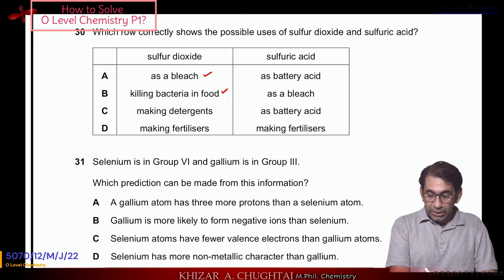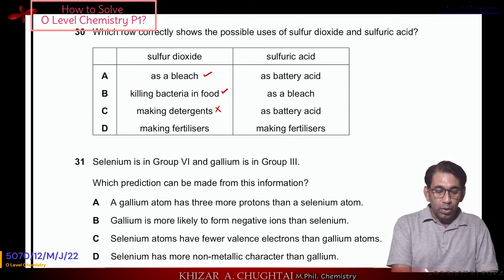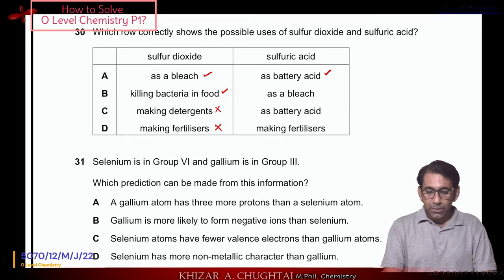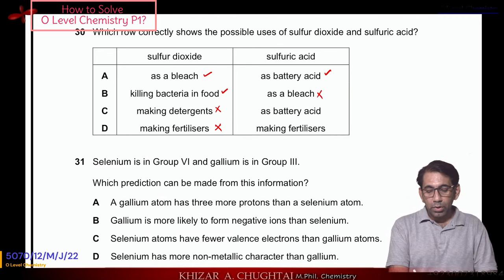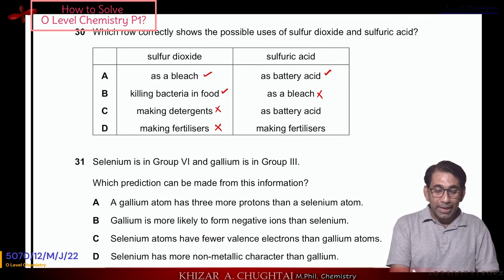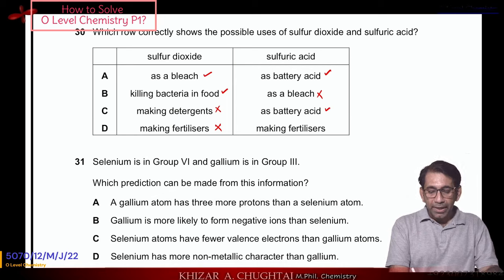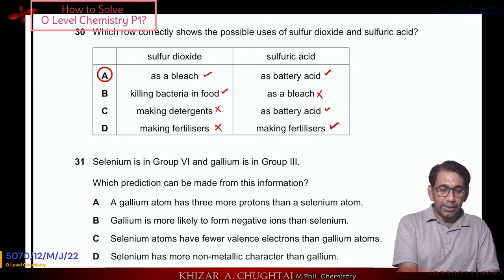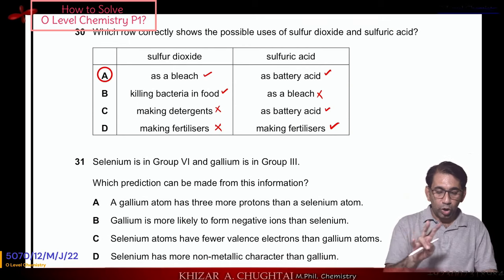Making detergents. No. Making fertilizers. No. Sulfuric acid as a battery acid. Yes. As a bleaching agent. No. As a battery acid. Yes. Making fertilizer. Yes. So A is the correct option from both columns.